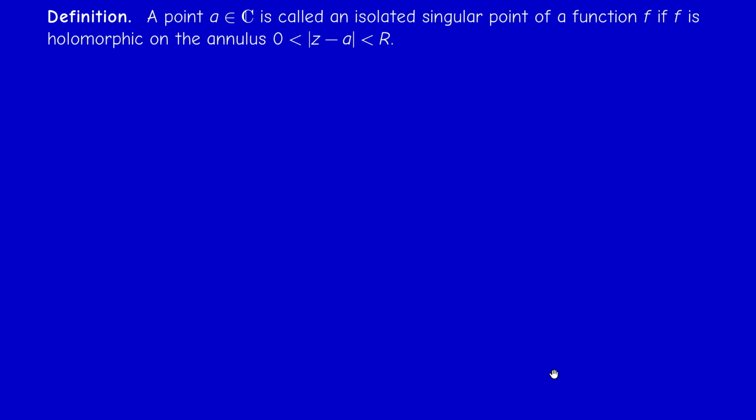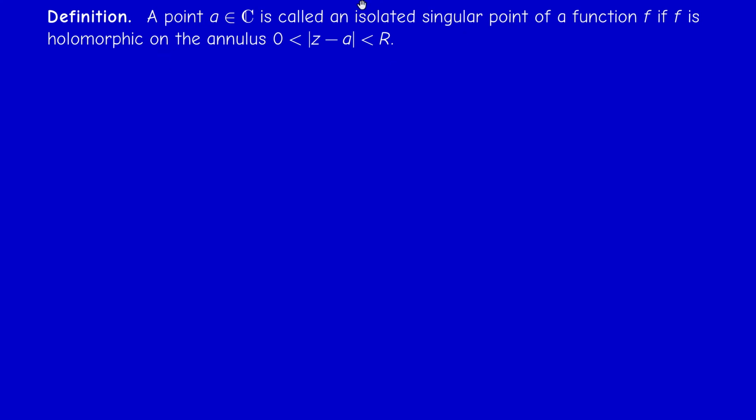Now, of course, if you are tired, you can pause the video and continue later. Now I'm going to talk about isolated singular points of a function and classify them into 3 classes. First of all, a singular point of a function f is a point where f is not holomorphic.